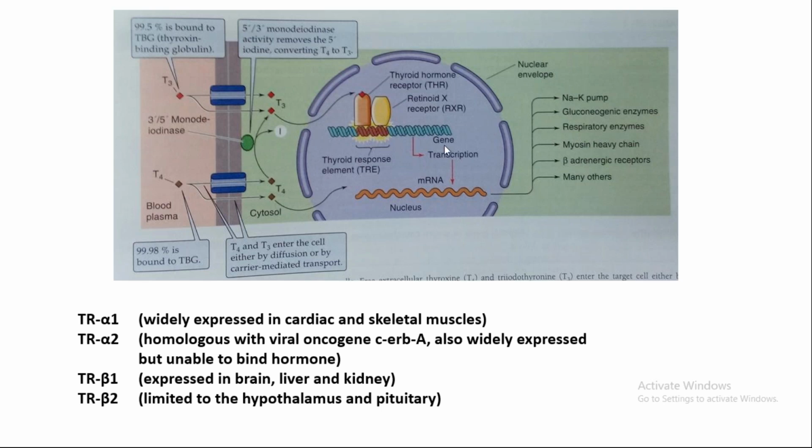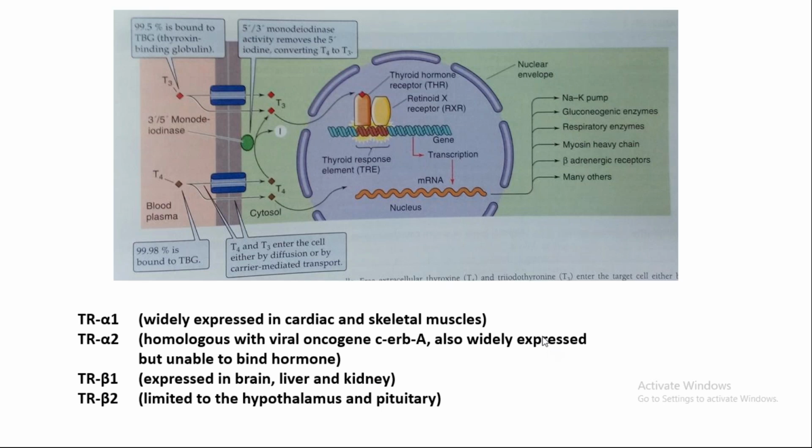So the thyroid hormone receptor, what is it? It is also known as TR. There are two human genes, alpha and beta. The alpha receptor gene is located on chromosome 17 and the beta gene is located on chromosome 3. So two different mRNAs are formed and therefore different receptor proteins are formed: TR alpha 1, TR alpha 2, TR beta 1, TR beta 2.